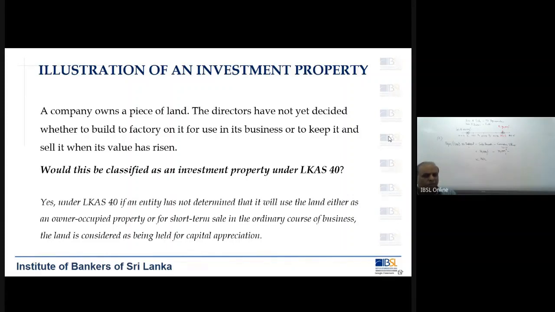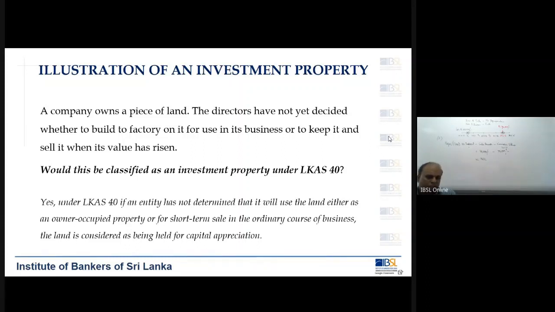So there could be questions in the examination of this kind, where they will give you some details and you have to determine and justify whether this is an investment property or not. How do you justify that? Based on the theory that you learn under LKS 40.